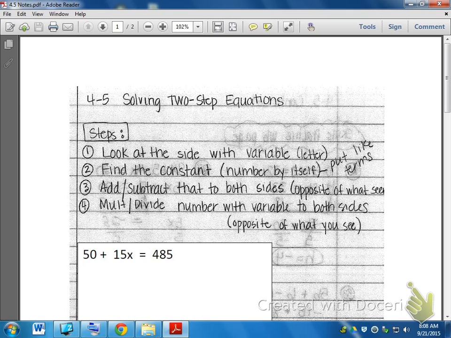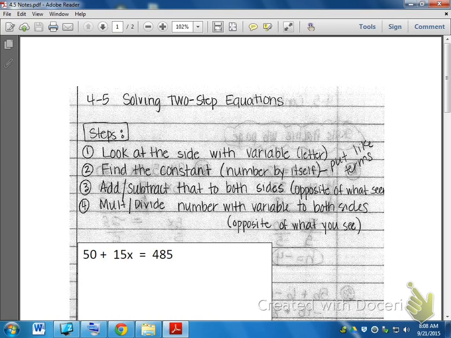Remember, it's the opposite of what you see because you want the constant term to go away. Then all you should have left on the side is the variable term. Then you will multiply or divide, just like we did when that was a one-step equation, to get the variable alone. So your idea is to look for the variable first.